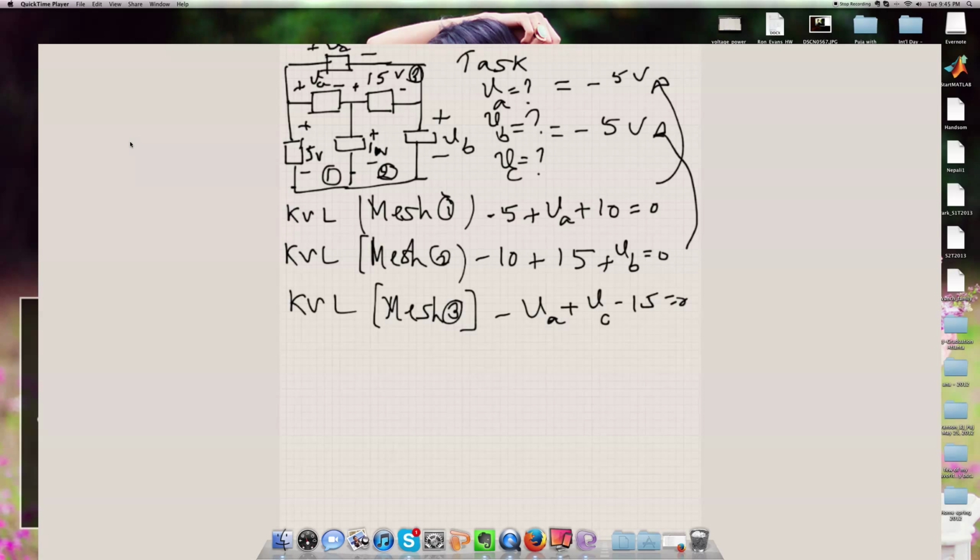But V sub A is known to be minus 5, so minus V sub A is minus times minus, plus 5, and then plus V sub C minus 15 equals 0. So that will mean V sub C is 10. So V sub C is 10 volt. So that is the result of this last calculation.